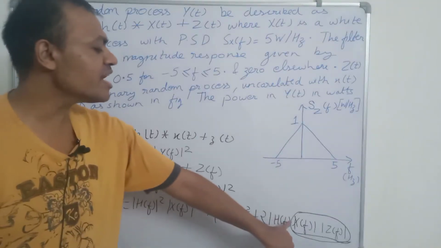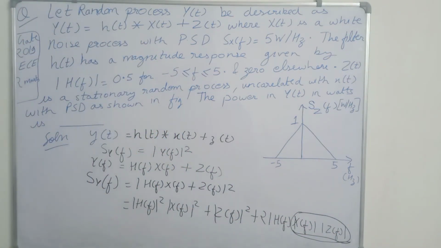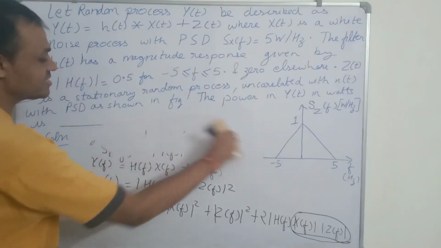The 2 into h of f, x of f, z of f term will be equal to 0 because x of t and z of t signals are uncorrelated, so their frequency spectrum will also have no common frequency. So what we are left with is this.